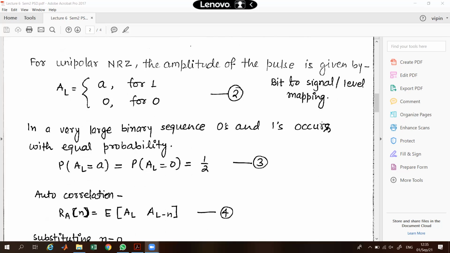If you have a very large binary sequence, you will see that if you are sending information from one place to another, the number of 0 bits appearing is almost equal to the number of 1 bits appearing. So we can say that in a very large binary sequence, zeros and ones occur with equal probability. So we can say that the probability of A_L equals A is equal to the probability of A_L equals 0, which is half, because they are equiprobable events.